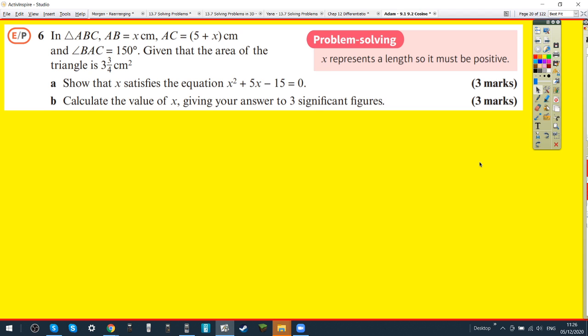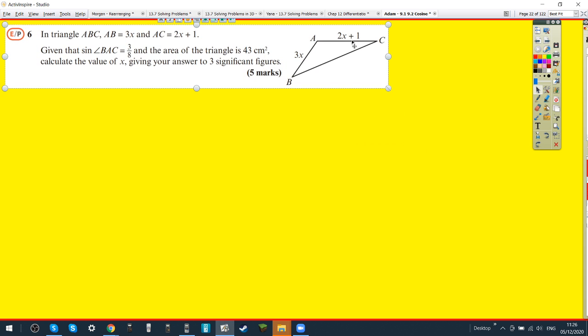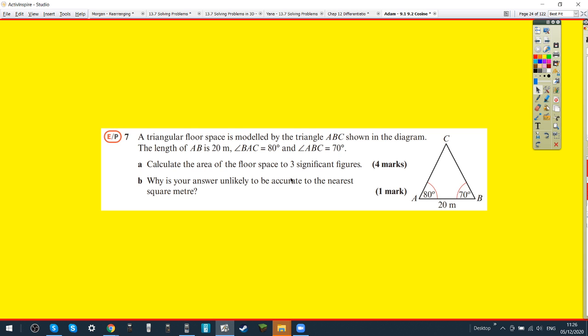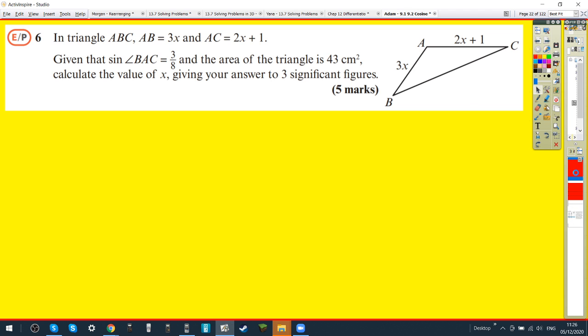X satisfies this equation. I think it'll be alright. So this looks like a harder type of question. Oh, they're telling me though. I'm getting the message. Alright, we'll do this one.